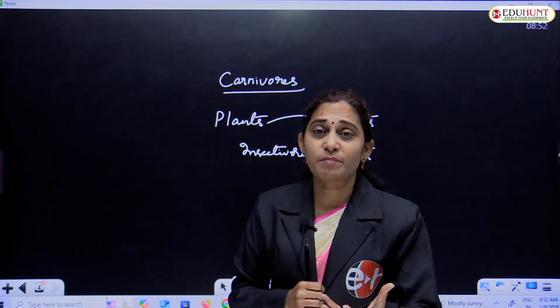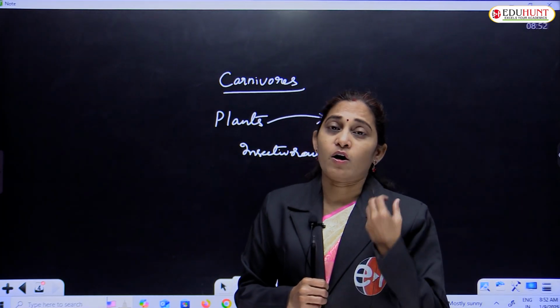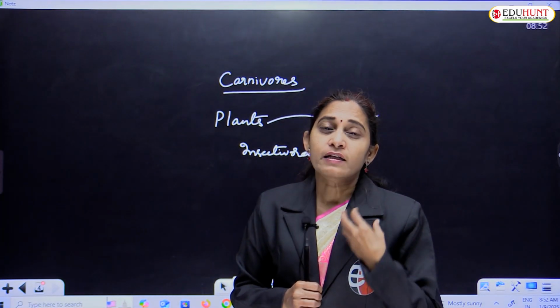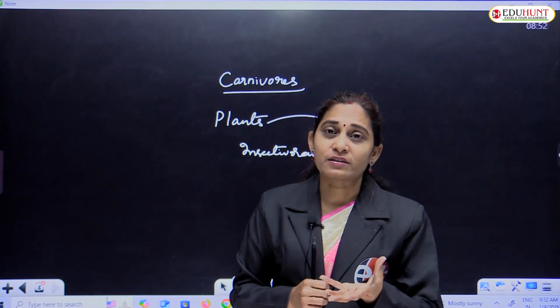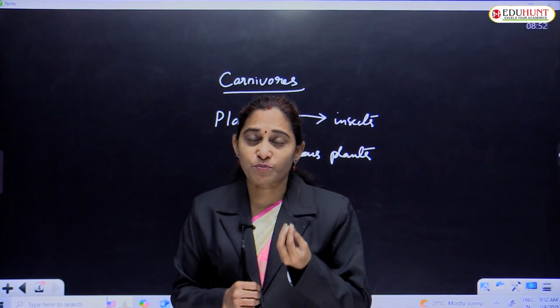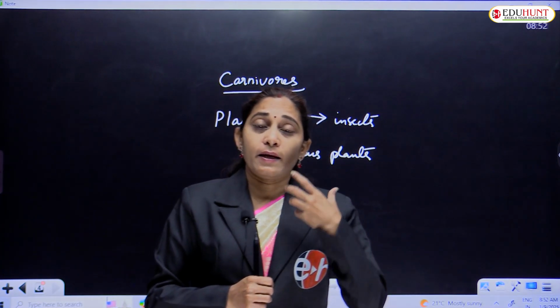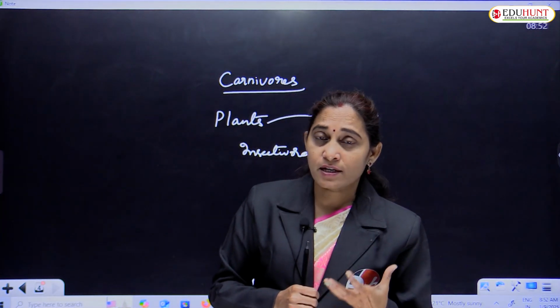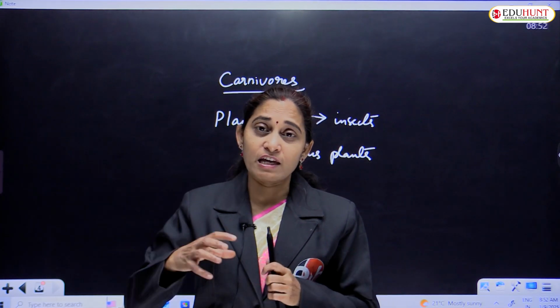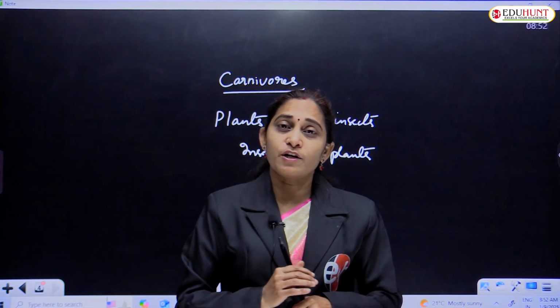They digest the materials externally, exocellular or ectocellular in nature. Especially proteases are present. These proteases are enzymes which digest proteins and convert them into amino acids, and easily they get these simpler nutrients.